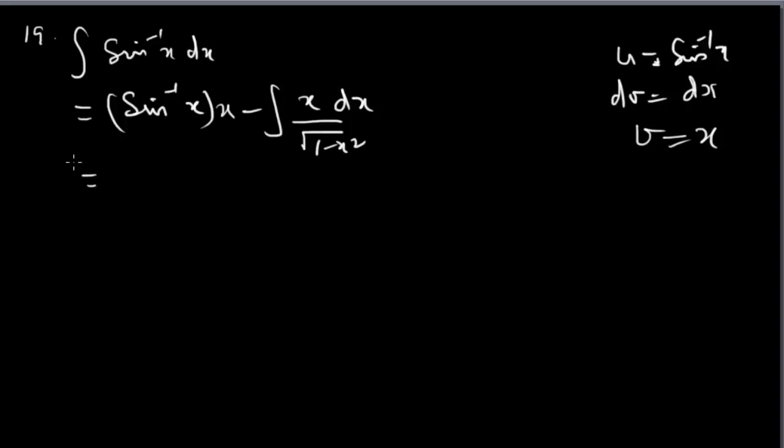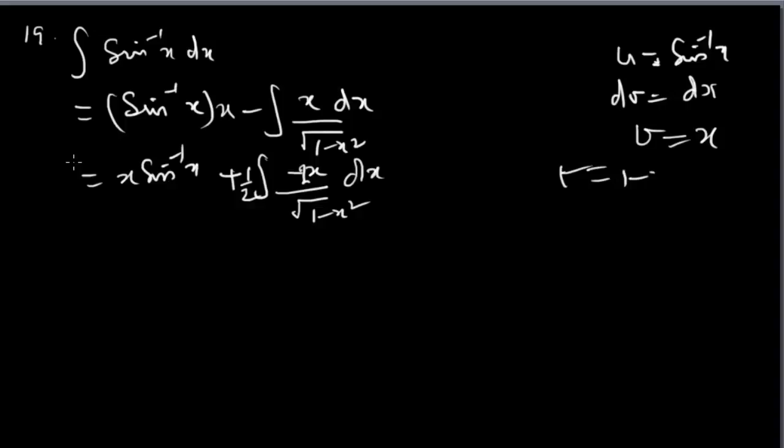So this is x sin inverse x minus, here what we do, this minus I bring into the bracket, minus x, and here multiply by 2 and divide by 2, divided by root of 1 minus x squared into dx.